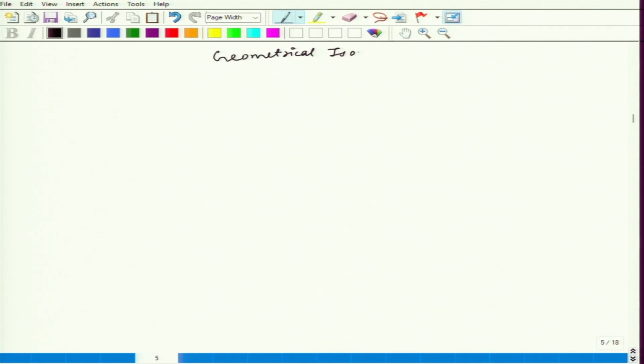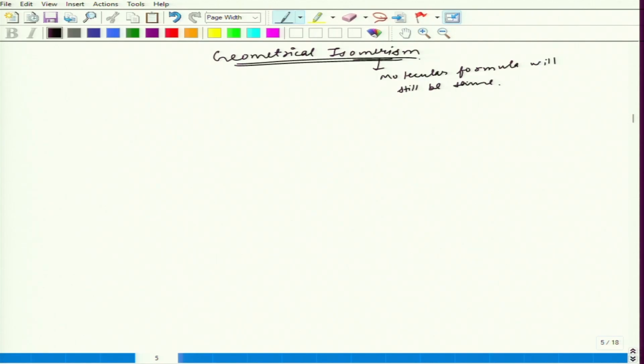Geometrical isomerism: what it is, and how it is different from structural isomerism, that we will discuss. So, what is geometrical isomerism? It is still isomerism, that means the molecular formula will still be the same.